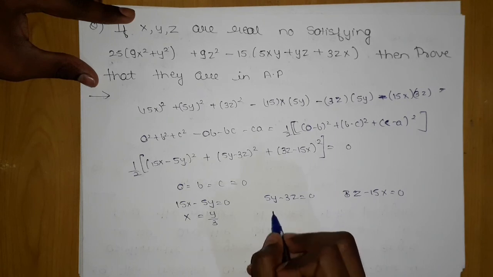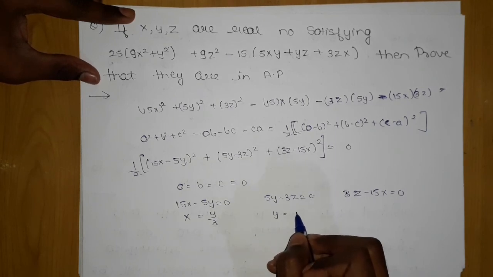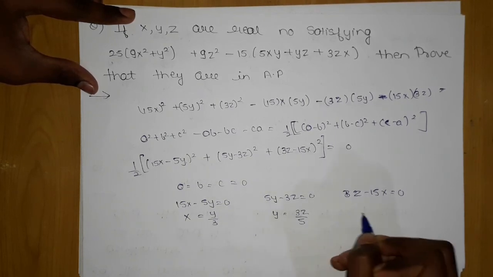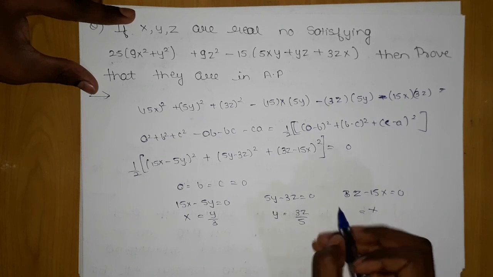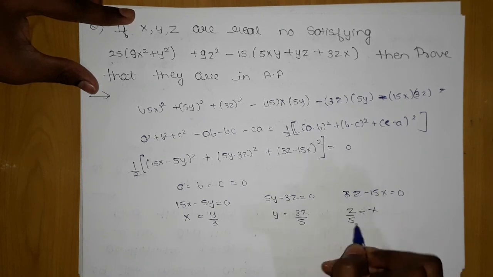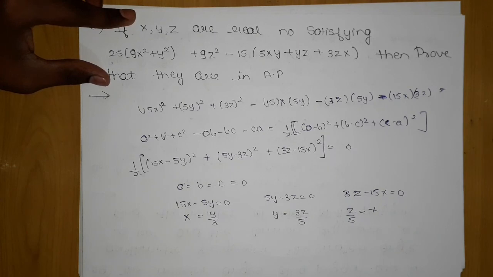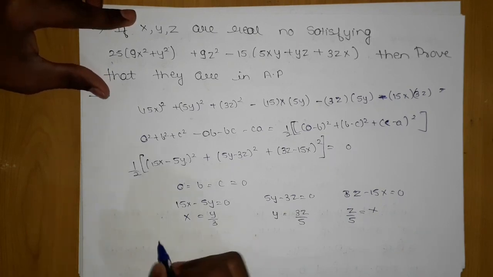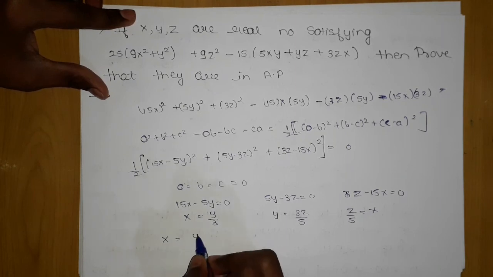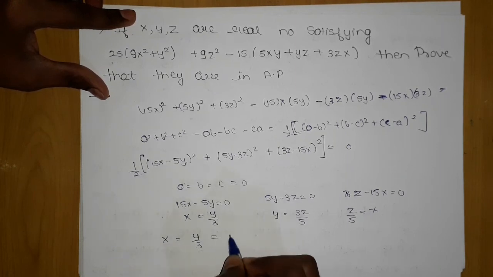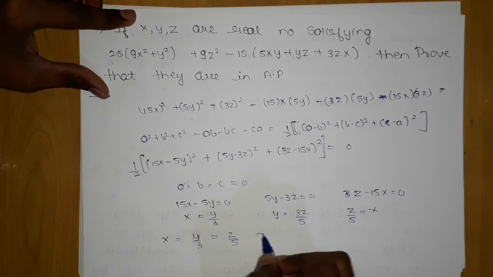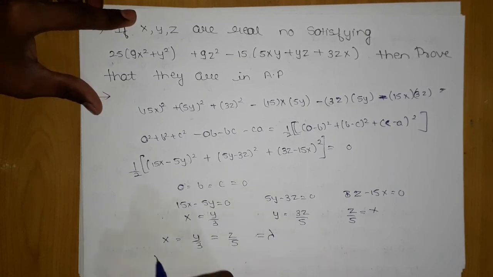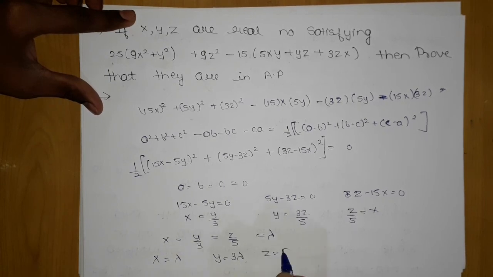Here y is equal to 3z by 5, and x is equal to z by 5. So x is equal to y by 3 and x is equal to z by 5. If I consider it as lambda, then x is equal to lambda, y is equal to 3 lambda, and z is equal to 5 lambda.